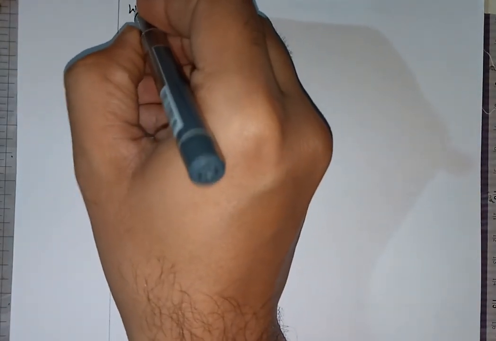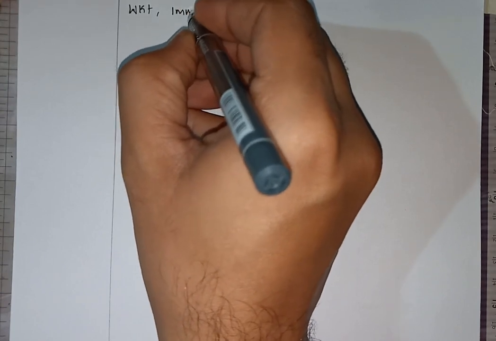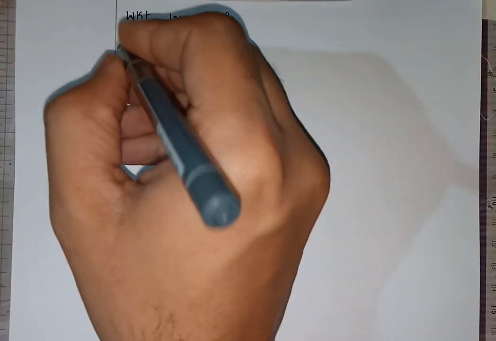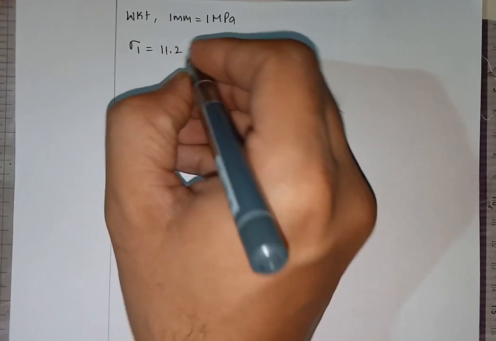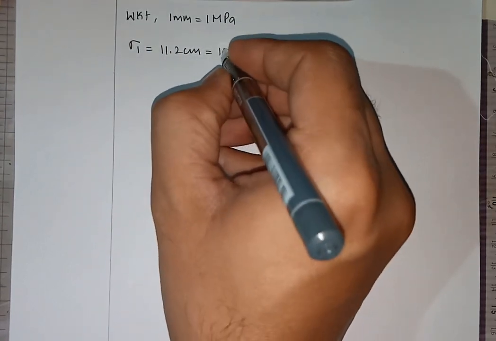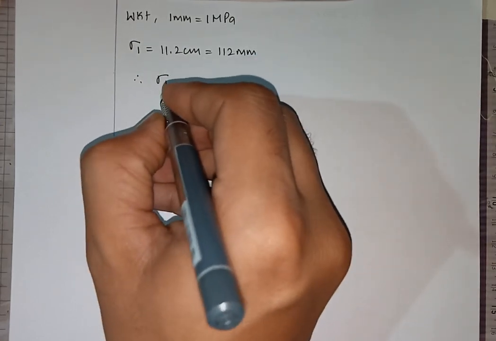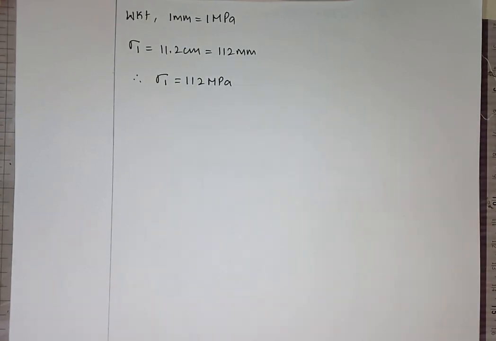Okay, we know that the scale is 1 mm is equal to 1 MPa. Now from our measurement we got that sigma 1 is 11.2 centimeters, which is 112 mm. So therefore sigma 1 is equal to 112 MPa.